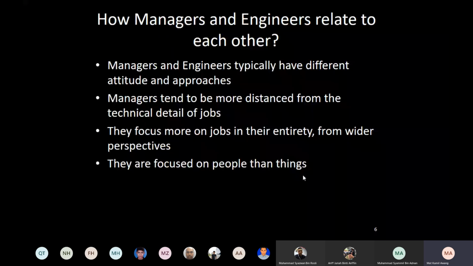So, how do managers and engineers relate to each other? Managers and engineers typically have different attitudes and approaches. Managers are looking at money and at time. They are asking, how much will it cost me to do this, and it should be as low as possible.